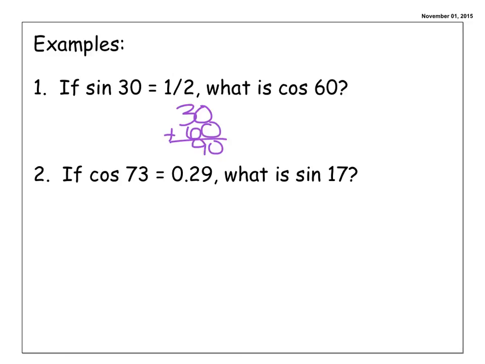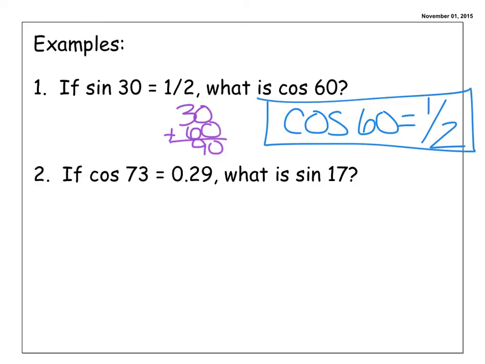So are these two angles complementary angles? Yes, they are. And the conclusion that we just wrote is that the sine of one angle is going to be equal to the cosine of the other angle if they are in fact complementary. So if the sine of 30 is 1/2, then the cosine of 60 has to equal 1/2 as well.